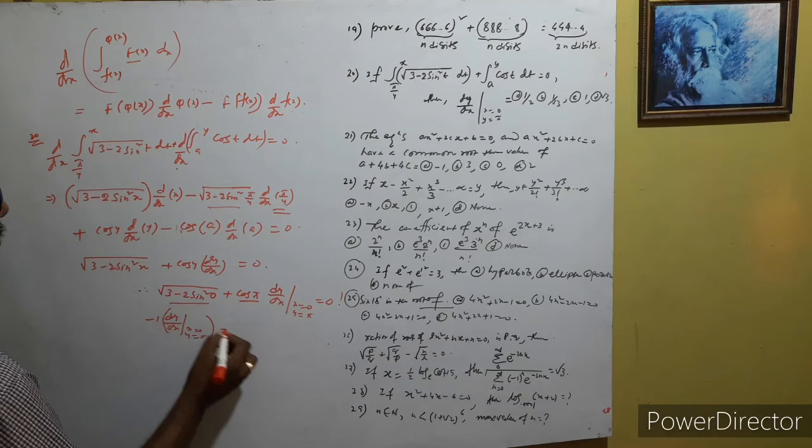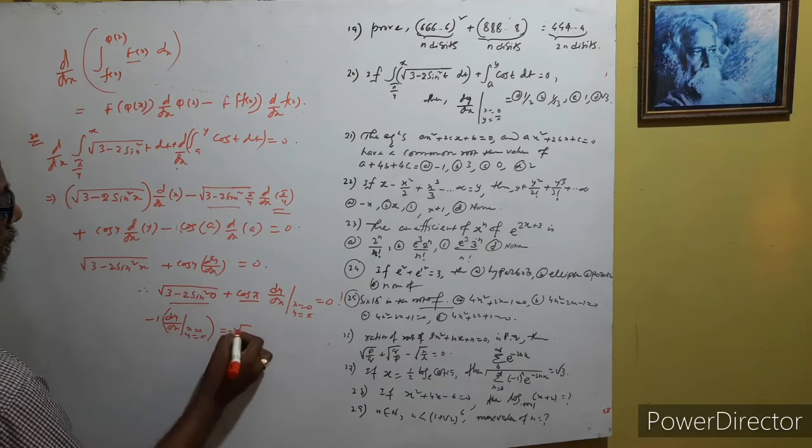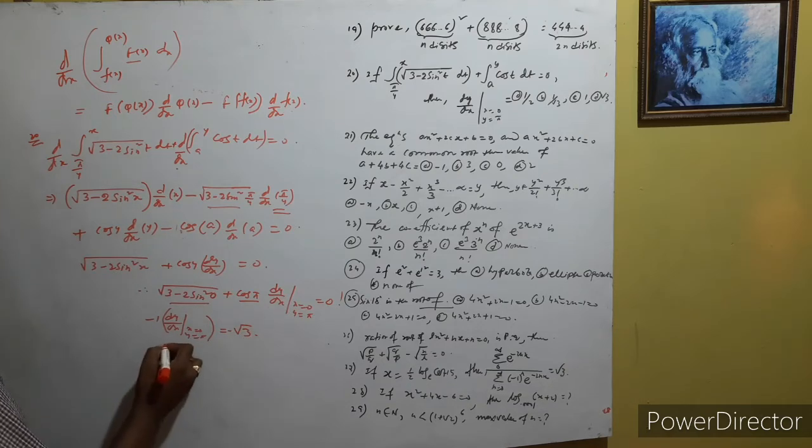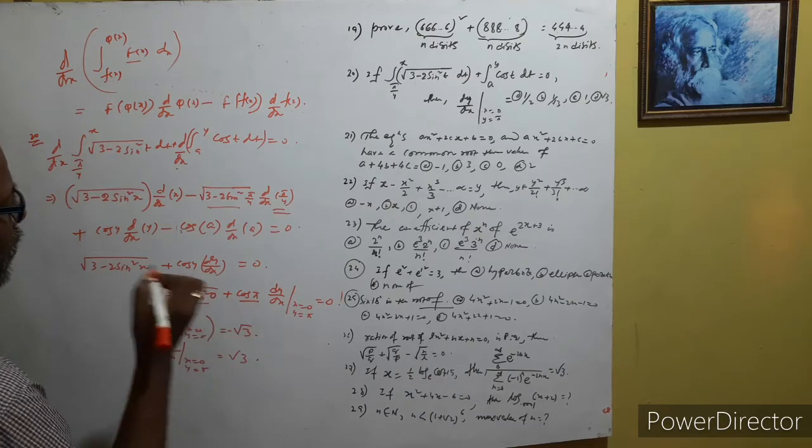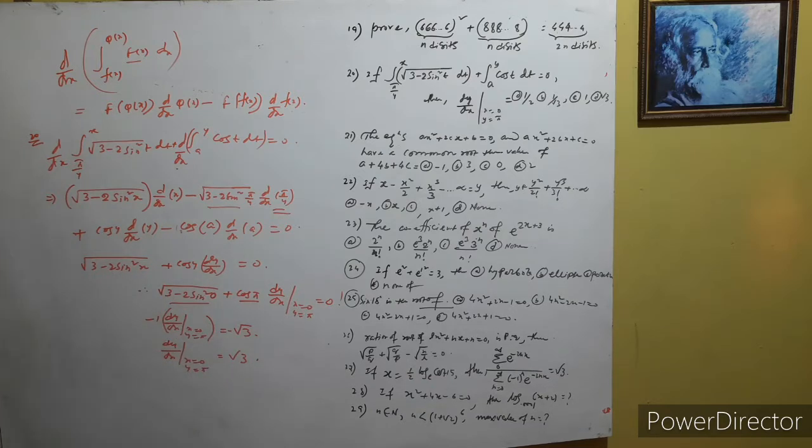Therefore, 3 minus 2 sine square 0, x is 0, so 0, plus cos y, y means pi, and dy/dx equal to 0. Cos pi is minus 1, so dy/dx at x equal to 0 and y equal to pi is equal to root 3.